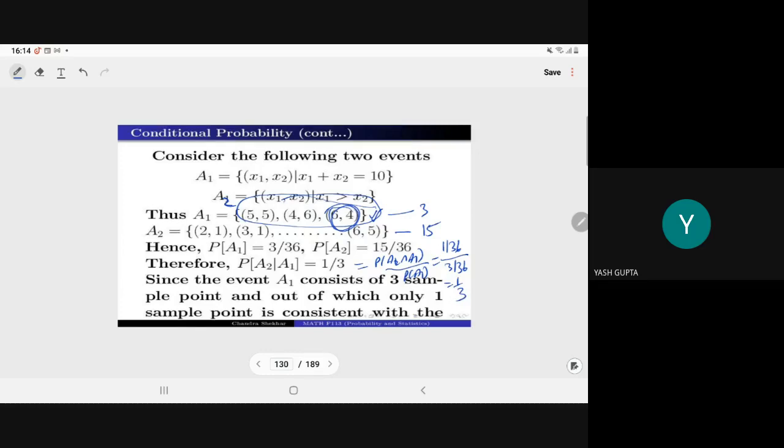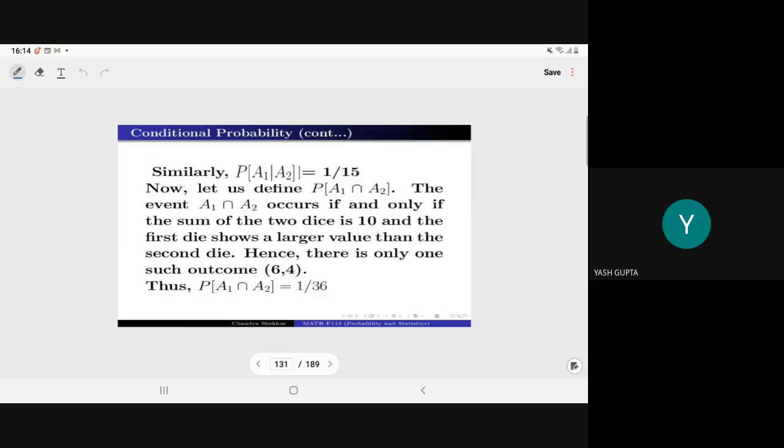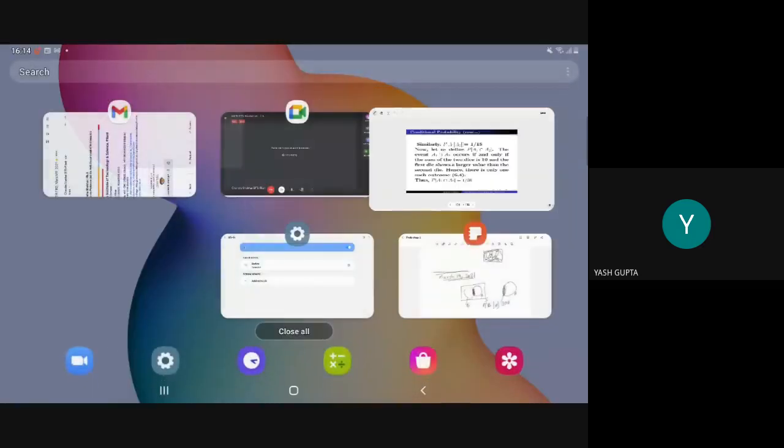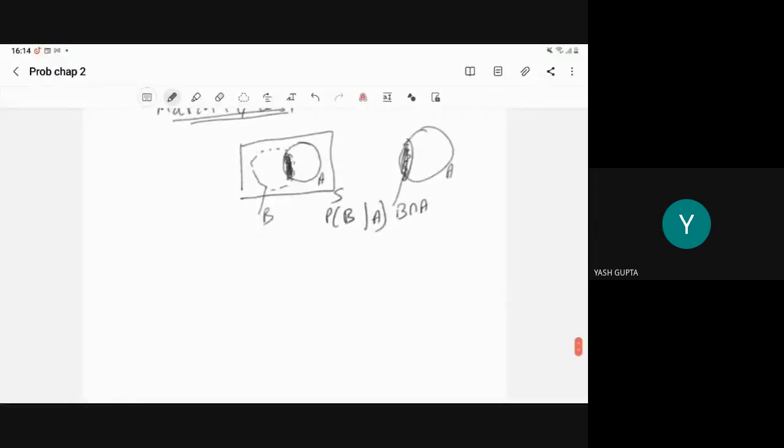Since event A1 consists of 3 sample points, out of which only one sample point is consistent with A2, what we are doing here is reducing the sample space. Here we have the sample space S, where we have 1 1, 1 6, 6 1, 6 6.